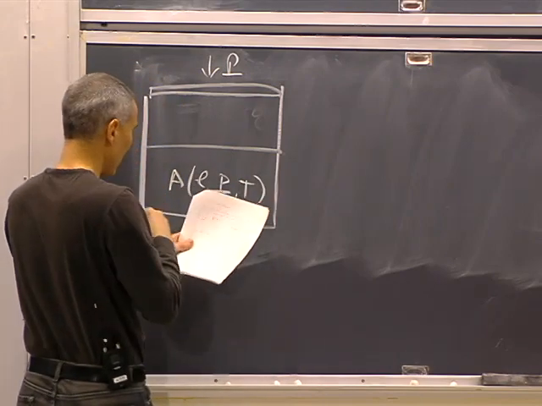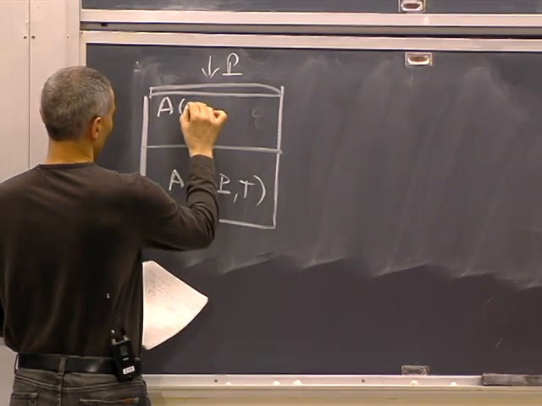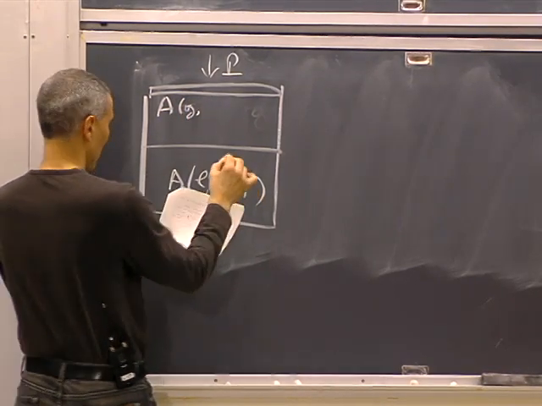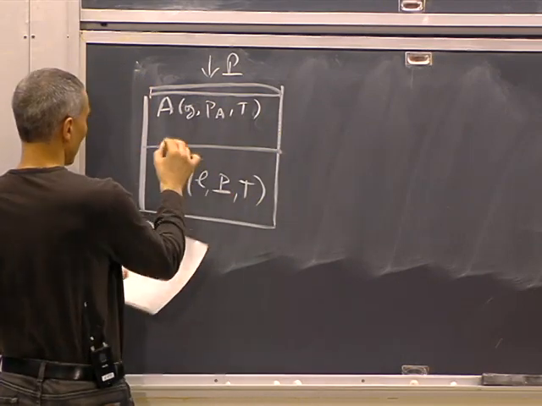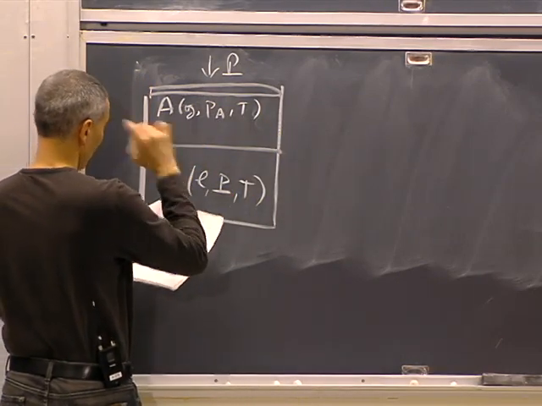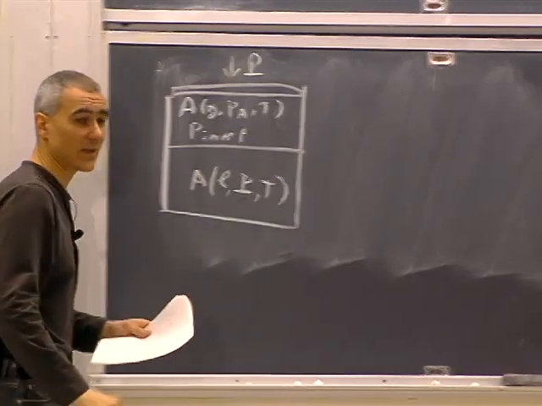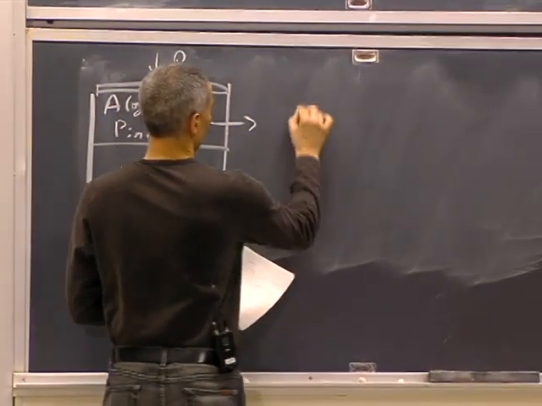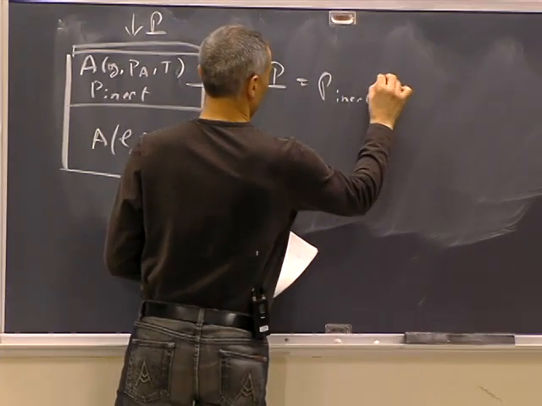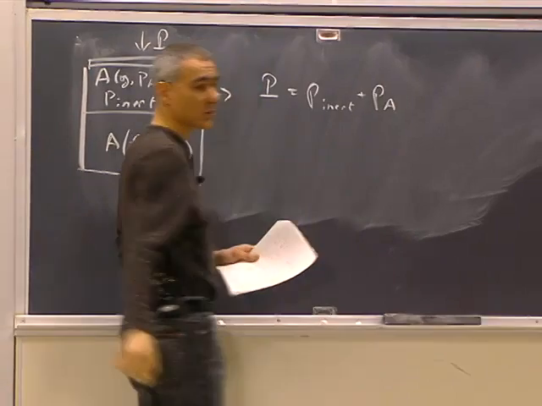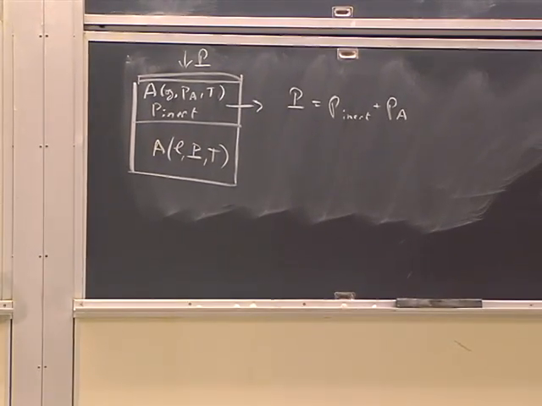And on top here, I'm going to have 2 substances. I'm going to have A in the gas phase. That's the water vapor, some partial pressure P sub A, temperature T. And then I'm going to have the inert gas with some partial pressure P inert, such that the sum of the partial pressure of the inert gas plus the partial pressure of A is the total pressure, 1 bar in our case, with the air on top.